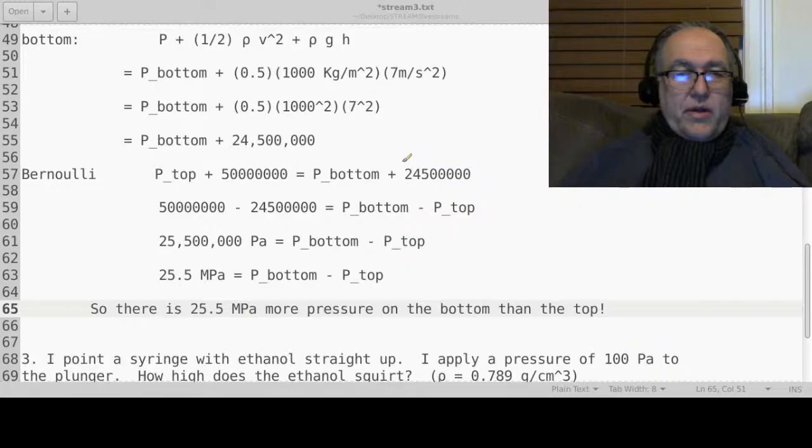The fluid here had no velocity, and the fluid here, of course, did have a velocity because it's flowing out. Some positive velocity like that. And it did have a height.